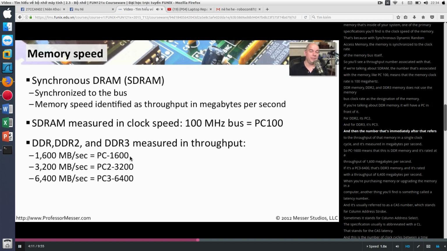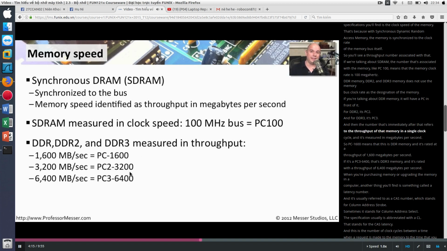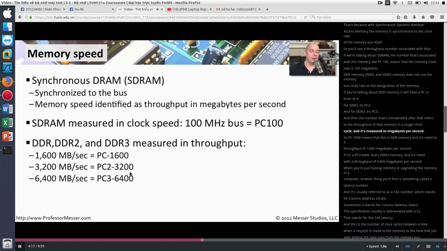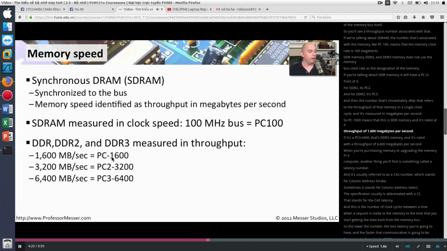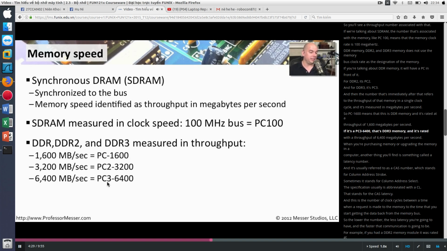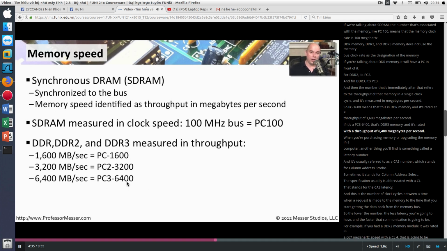And then the number that's immediately after that refers to the throughput of that memory in a single clock cycle, and it's measured in megabytes per second. So PC 1600 means that this is DDR memory, and it's rated at a throughput of 1600 megabytes per second. If it's a PC3 6400, that's DDR3 memory, and it's rated with a throughput of 6400 megabytes per second.